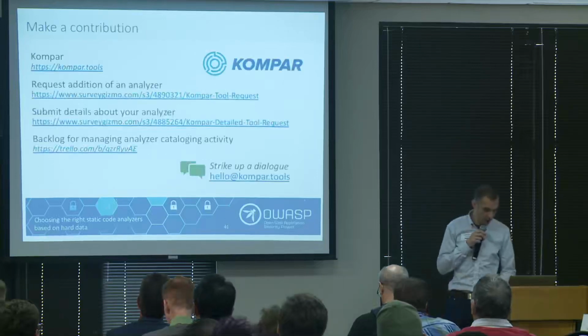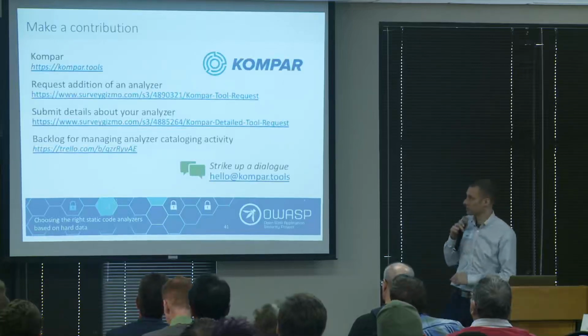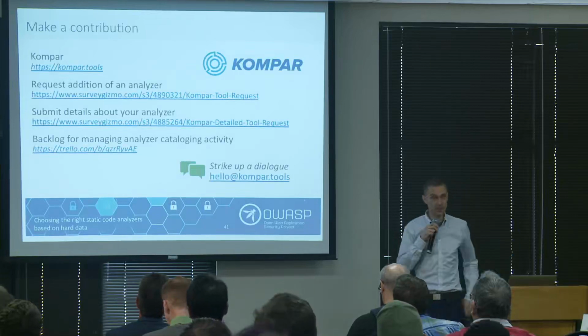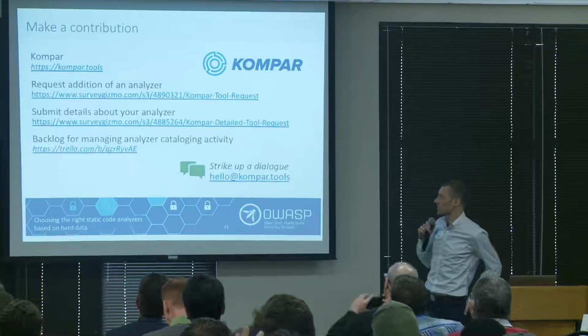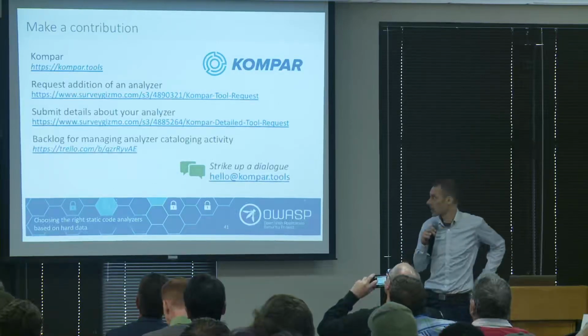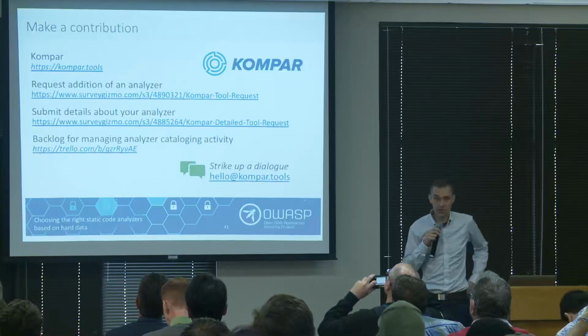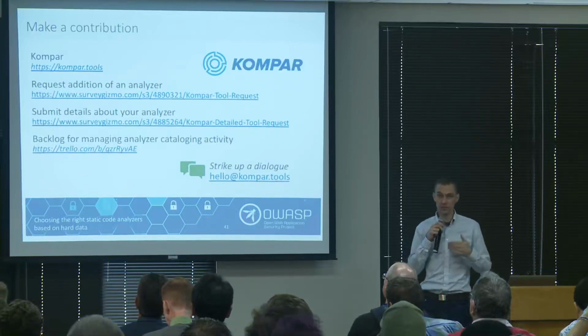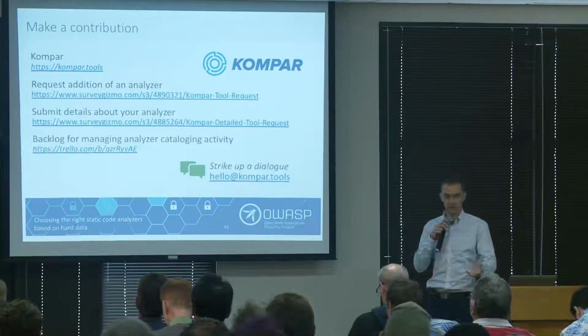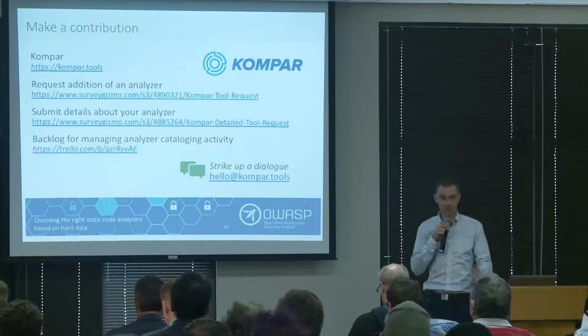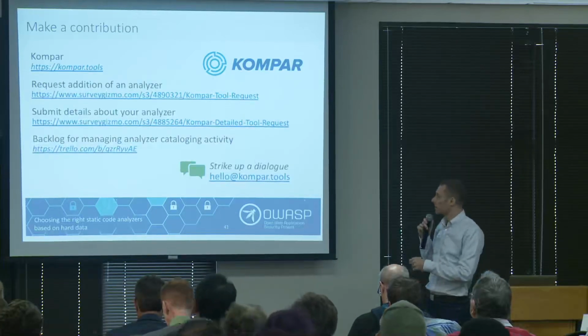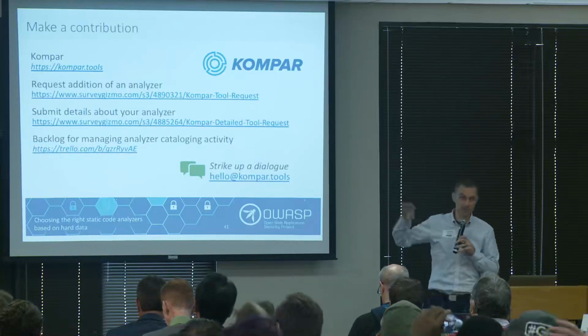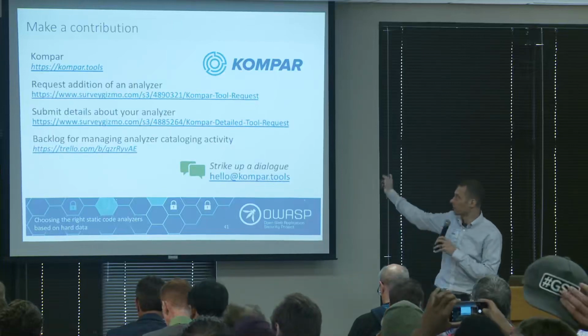And so with that, I'm going to leave you with some URLs. There's the website itself. We've also got a couple of surveys. The top survey is where anybody can come in and just tell us, you should really know about whatever analyzer, and I'd love to get it in the catalog. That's a very quick survey. It takes like 10 seconds to fill out.